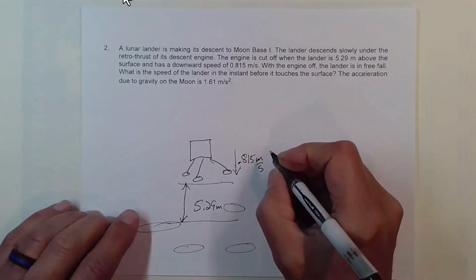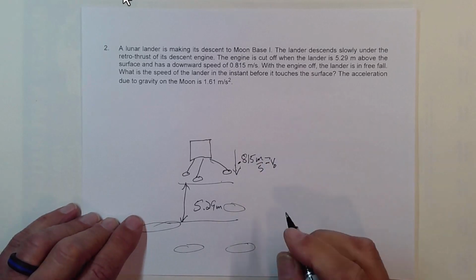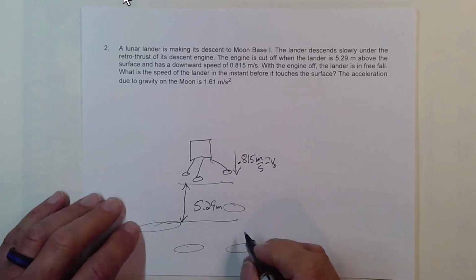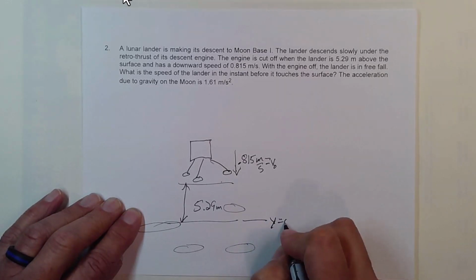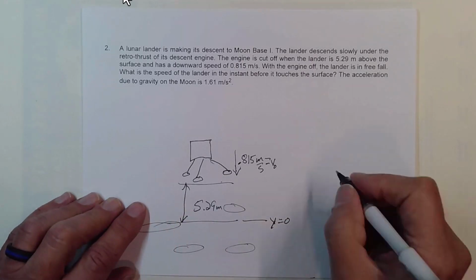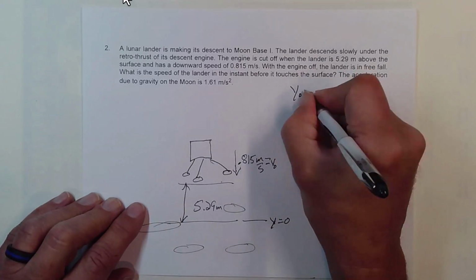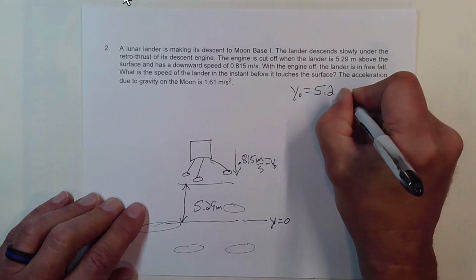So this is v naught. Okay, well, let's let y equal 0 down here, and y naught will be 5.29 meters.